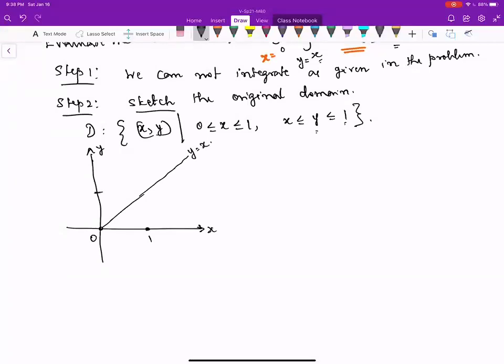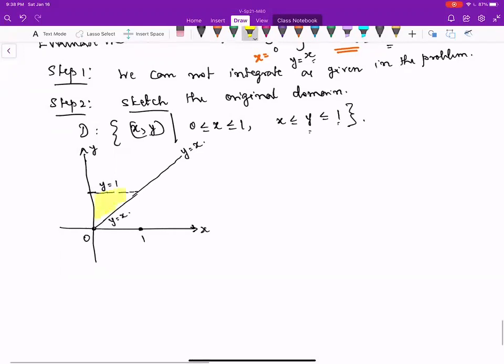What is y equal to 1? y equal to 1 is a horizontal line. So the region that we are given is this region. These two meet at x equal to 1 and y equal to 1, right? So the given region of integration is this region. This is the domain.